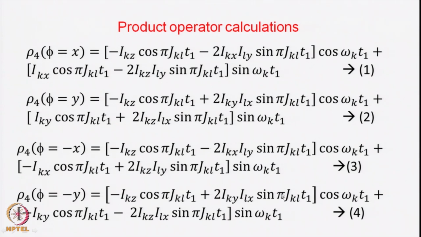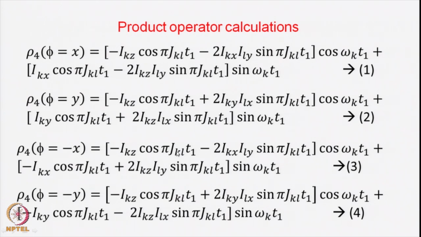This will remain with the same coefficients. Now what happens here? Now this iky cancels with this minus iky, and this ikx cancels with this minus ikx. And what happens to this? This 2 ikz ILY cancels with this, and this 2 ikz ILX cancels with this.